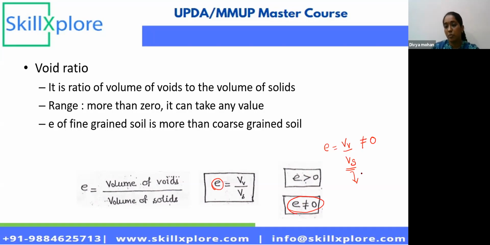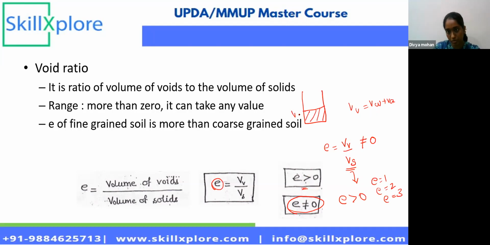I'll explain this terminology. The e value may be greater than 0, but it can take any value, not only e equal to 1, e equal to 2, it may take any value. It's because Vv comprises the volume of water and the volume of air. I'll draw the diagram.